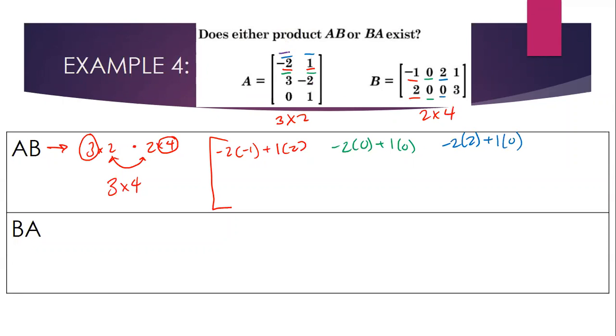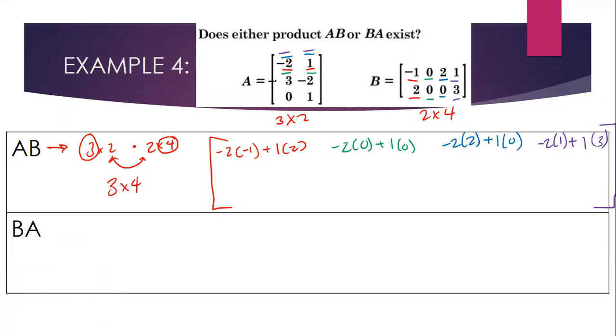And then I have negative 2 times 1 plus 1 times 3. Okay, once you've done the first row, the numbers to the left are changing, but the numbers to the right are going to stay the same. So once you've done that, you're just following a pattern.